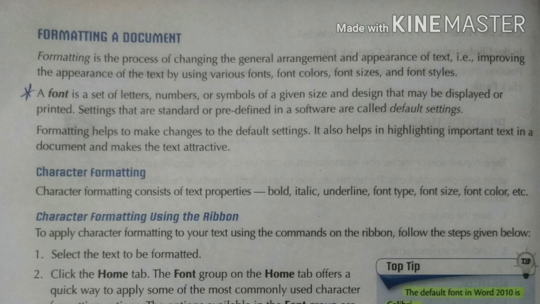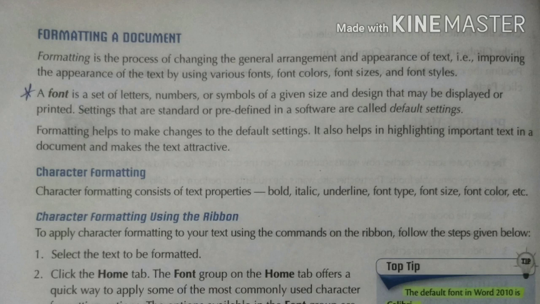Next point, character formatting. Character formatting consists of text properties like bold, italic, underline, font type, font size, font color, etc. So character formatting means those properties which help you to improve your document's look.